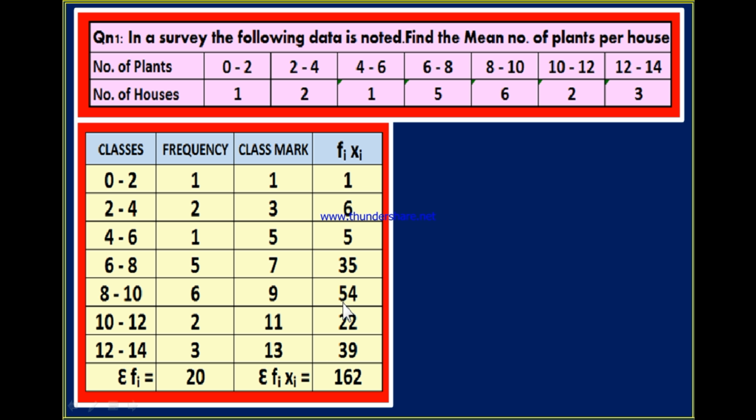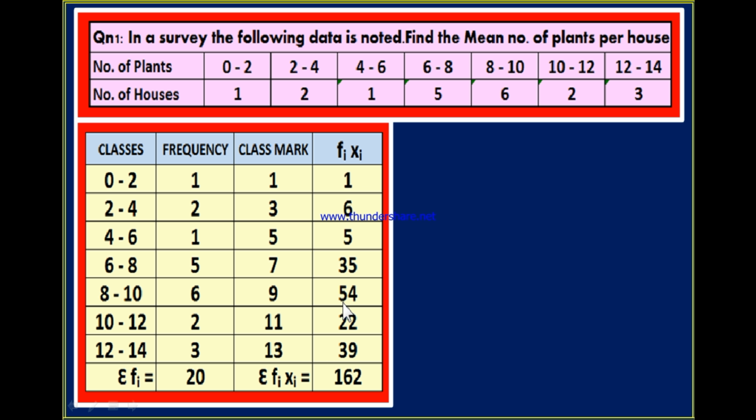You multiply this frequency with its corresponding class mark and write the product like this. 5 into 7, 35. 6 9s, 54. 2 11s are 22. 3 13s are 39. After finding all these products, you sum up the frequencies.